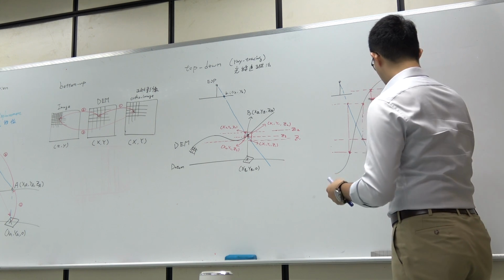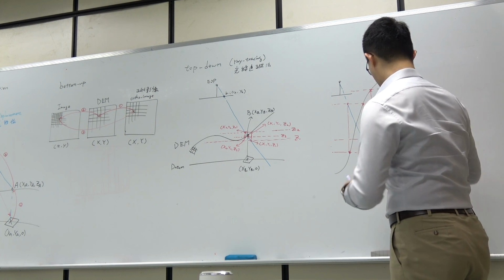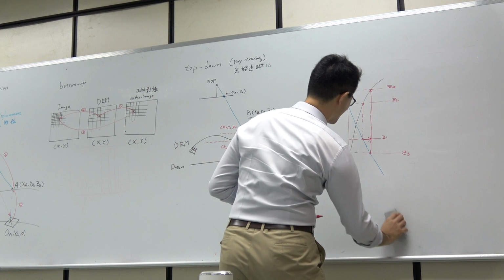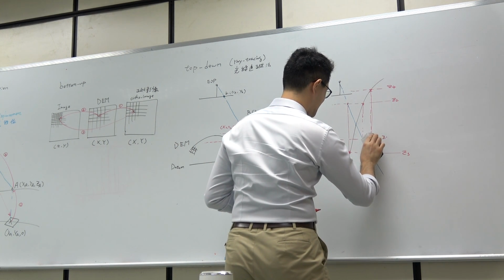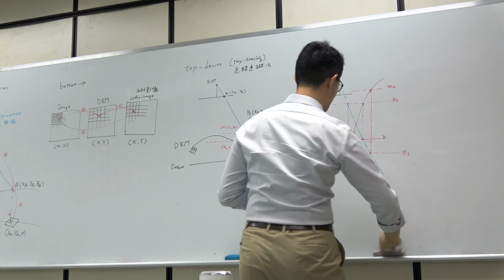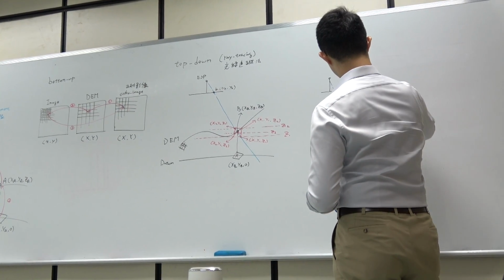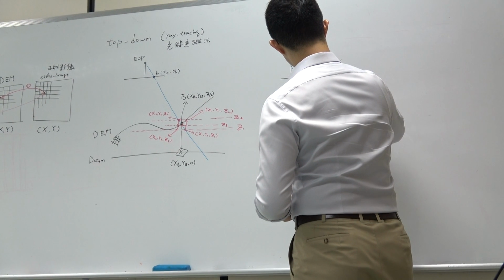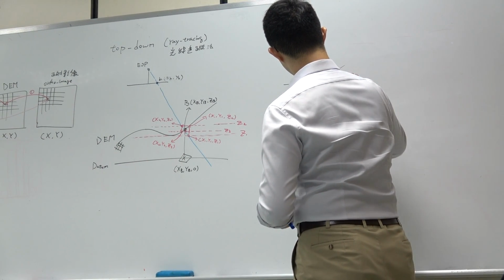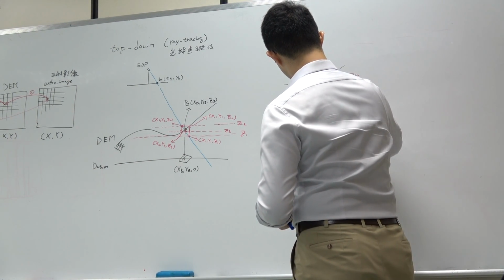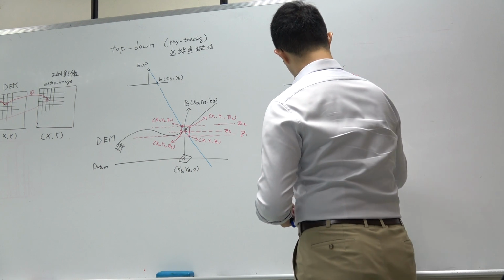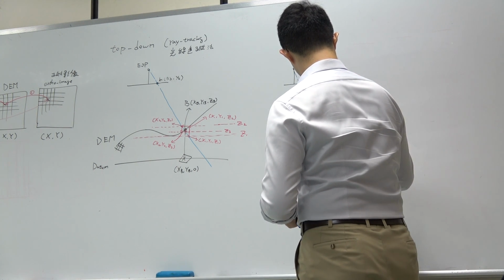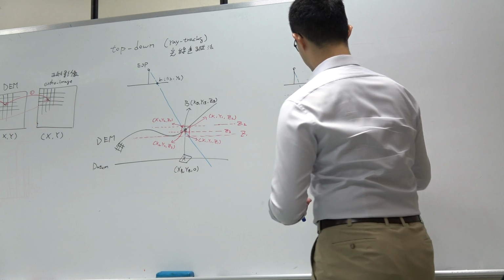So the iteration will go from Z1 to here and then to here and then to here and here, and so on and so forth.